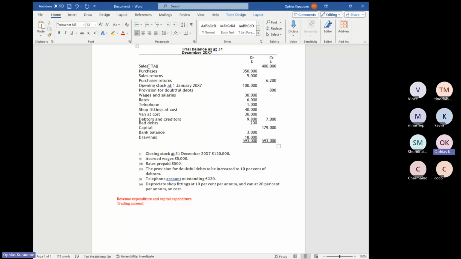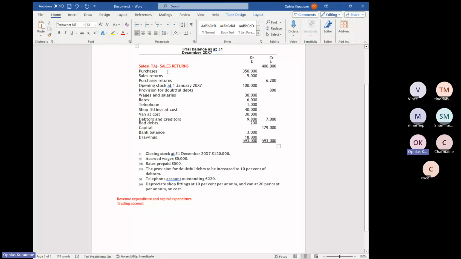Then usually the sales are affected by the sales returns. So if there are sales, you should do less sales returns, because some customers might return the purchased goods.